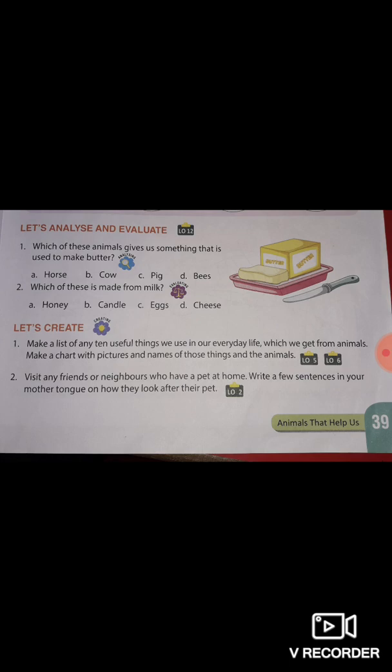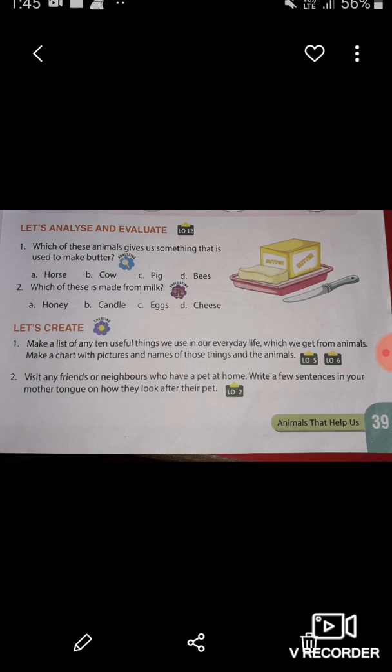Now let's come to the second one. Visit any friends or neighbors who have a pet at home. Write a few sentences in your mother tongue on how they look after their pet.